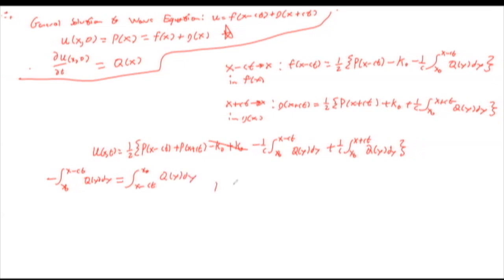And another thing about integrals, and once again, think back to your calculus days, is if you have two integrals being added together with the middle bound, so the upper bound of the first integral and the lower bound of the second integral are the same, you can actually combine this into one integral.